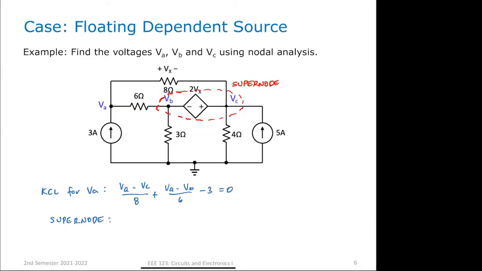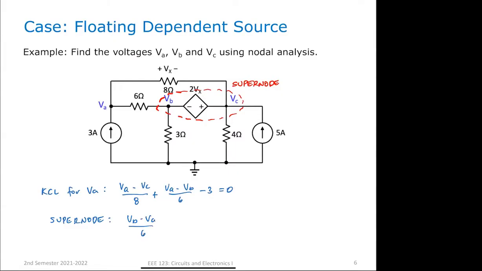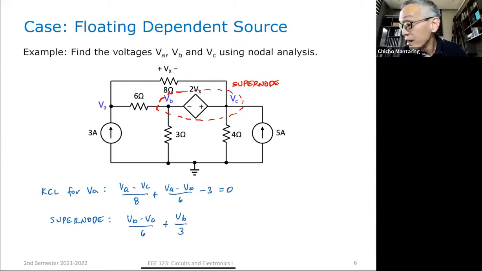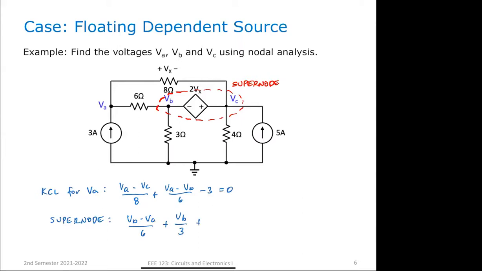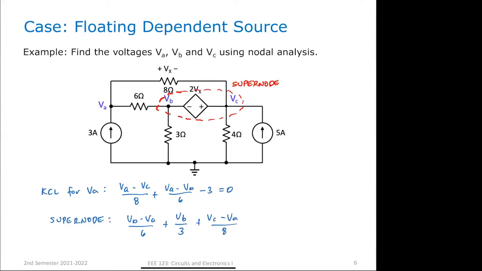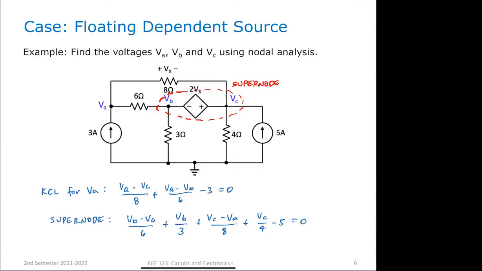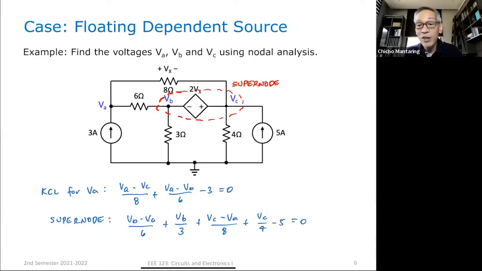(VB minus VA) over 6, plus VB over 3, plus (VC minus VA) over 8, plus VC over 4, minus 5, equals 0. Okay, good. So I think you're all already well versed in getting the KCL equations for nodes and for supernodes.